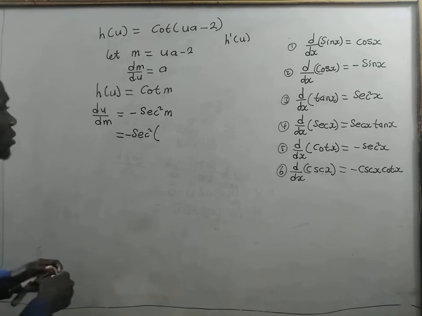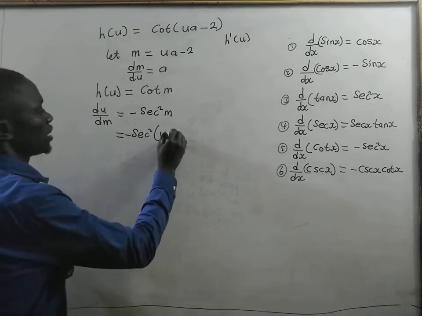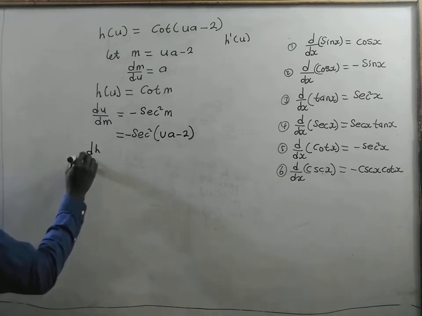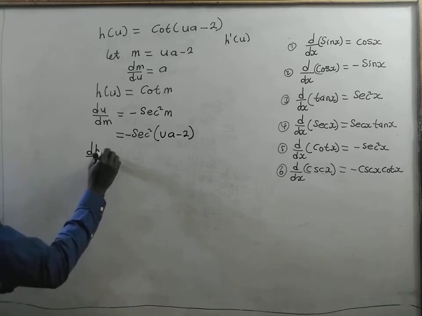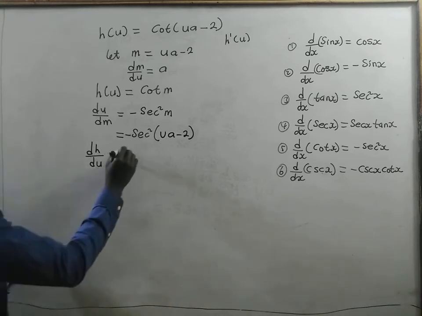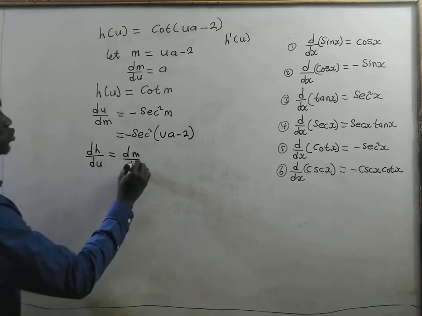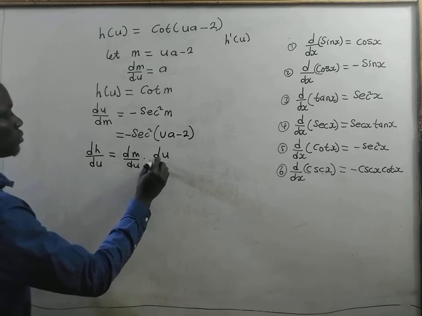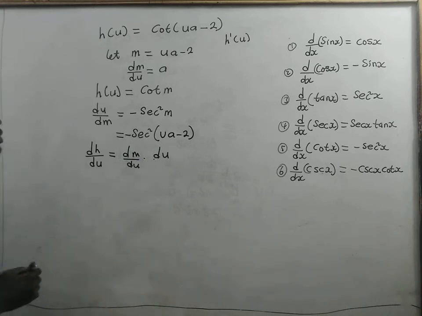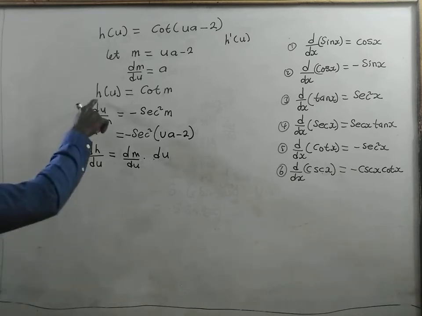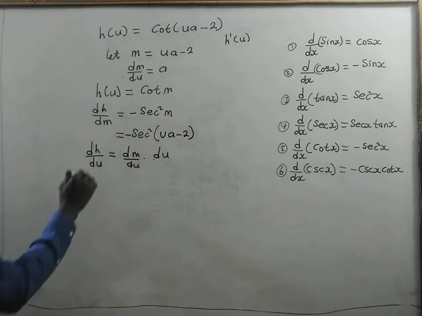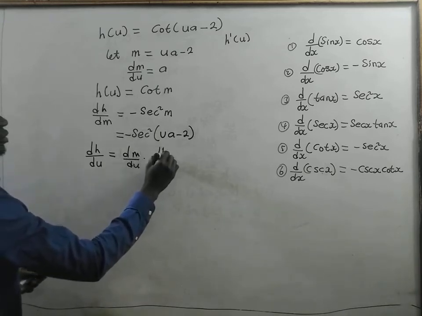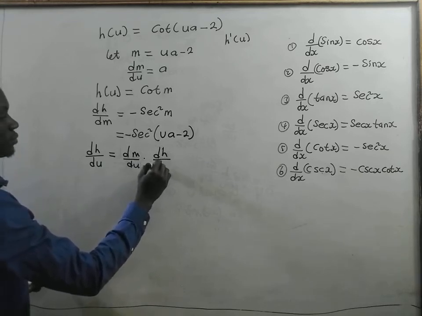M is ua minus 2. So the derivative of h with respect to u is now equal to the derivative of m with respect to u times the derivative of u. This is the derivative of h, rather. Yes, correct. The derivative of h with respect to m.